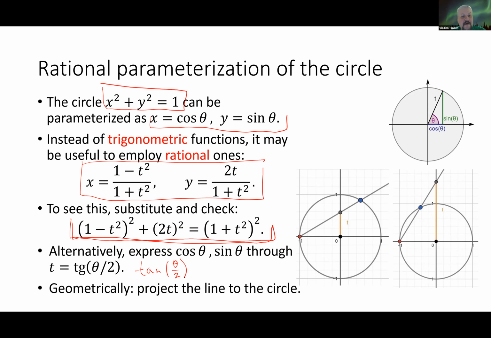Then using high school trigonometry, you can express both cosine and sine through this tangent and obtain the same expressions.